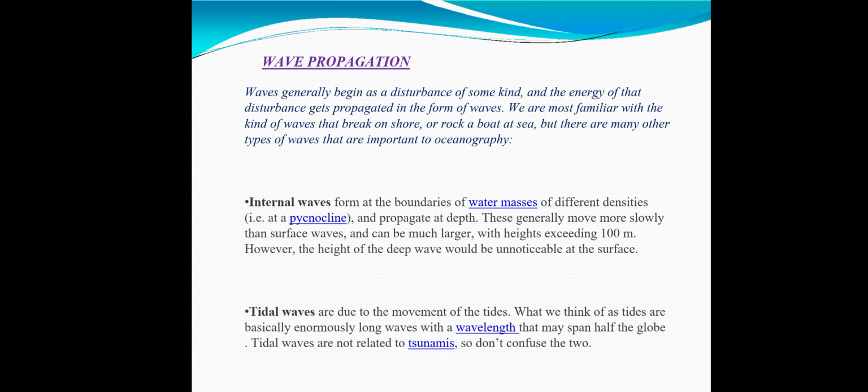Internal waves are formed at this interface. Internal waves generally move more slowly than surface waves, and can be much larger. Why are they larger? It is a very interesting question.